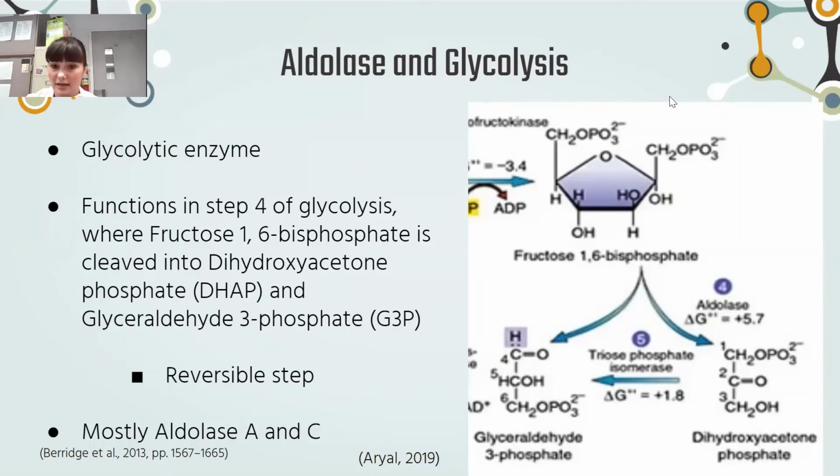Now, muscle cells are going to be very metabolically active. They're going to have to produce a lot of energy, and glycolysis is that first step in cellular respiration, and that's part of producing energy. So it would make sense that aldolase A is mostly to do with glycolysis and not gluconeogenesis.